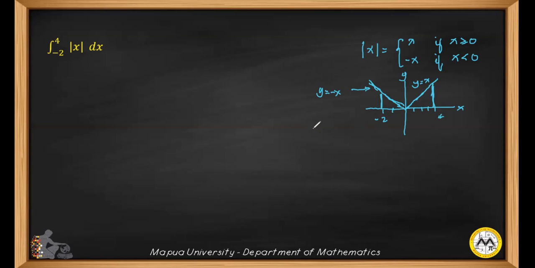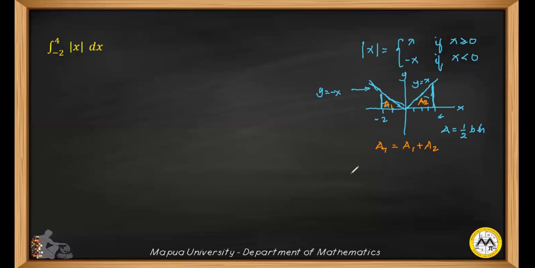Now, geometrically, we can actually find the area of these two triangles. Of course, we can easily find the area of a triangle. The area of the triangle is equal to 1/2 base times altitude. If we consider this as area 1 and this as area 2, then the total area is equal to area 1 plus area 2.